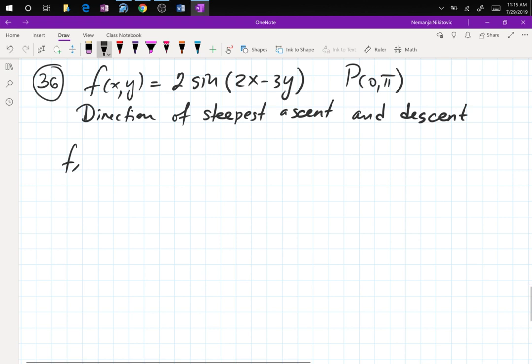We know we need to get partial derivatives. So the derivative of sine is cosine. So f_x is 4 cosine(2x minus 3y), and f_y is negative 6 cosine(2x minus 3y).